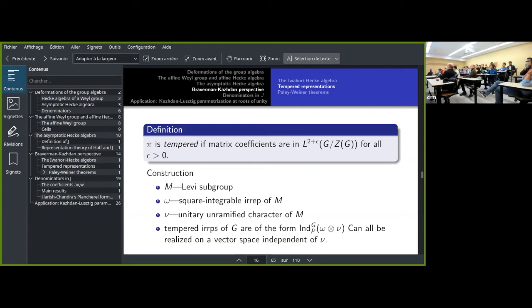All can be realized on a vector space that doesn't depend on the character. Hence, the tempered representations are parameterized essentially by a disjoint union of unit circles, of compact tori. And it makes sense to talk about how they depend on the character and how endomorphisms of them depend on the character.